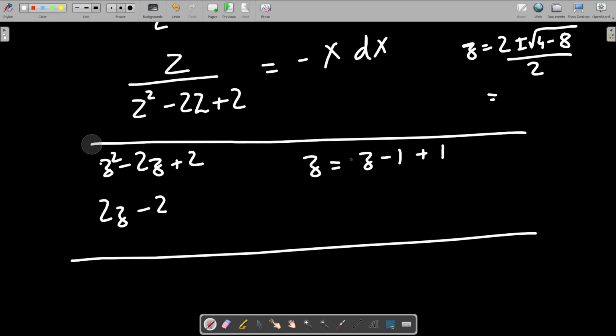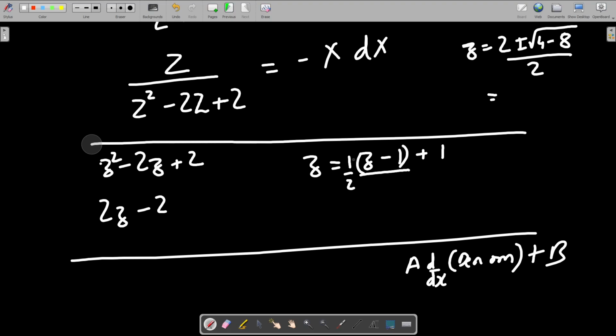So this I'll write it as 2 times this, that is the form a times d by dx of the denominator plus b. This is one of the methods which I learned for integration, so I'm doing that indirectly. I'm just taking some shortcuts here, not showing all the steps.